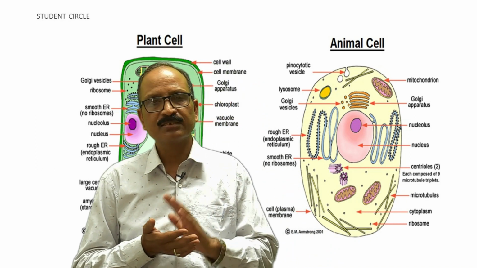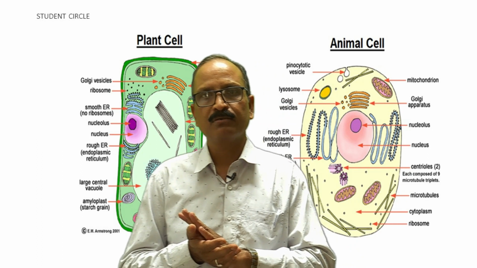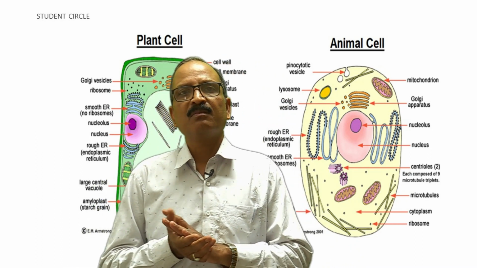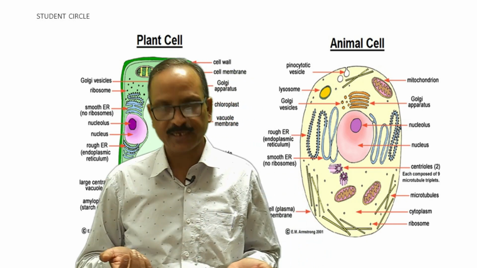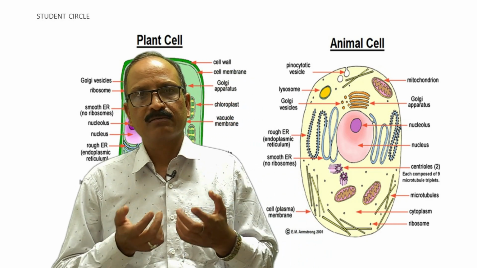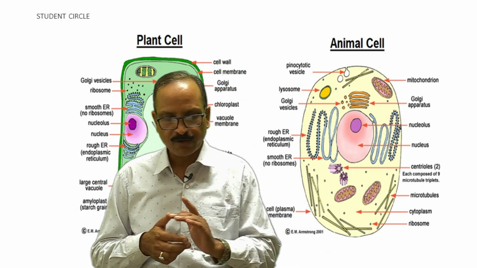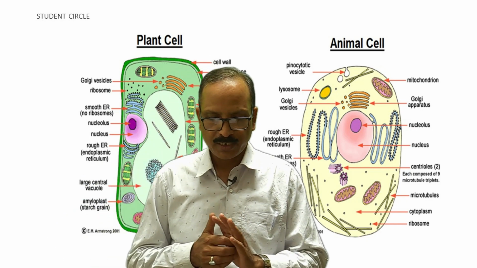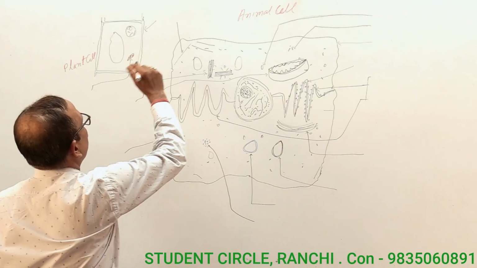And the second one is cytoplasm. Cytoplasm is a thick jelly-like fluid that contains proteins, nutrients and various organelles inside, enclosed by the cell membrane. And the third one is nucleus. Nucleus is the core part of any cell.